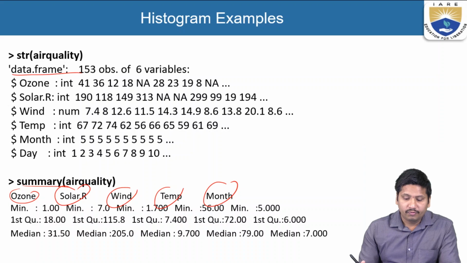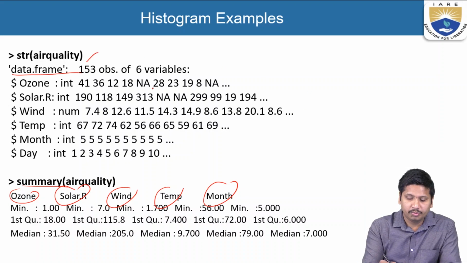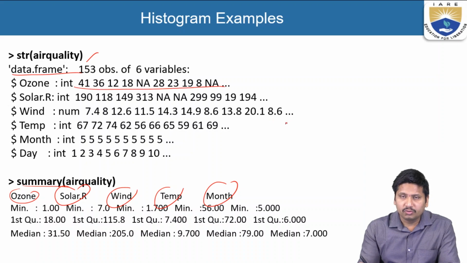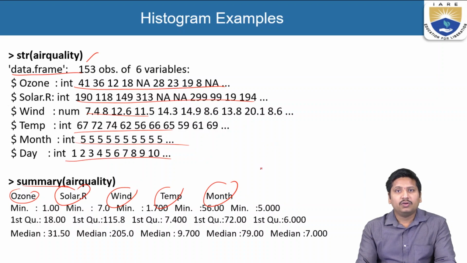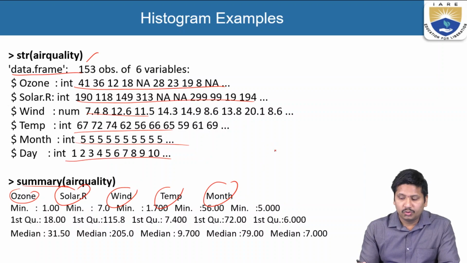Similarly, if I type str of airquality, it shows the values of each and every variable, and how solar, wind and temperature vary, and which month and which day it is. Like this I can know the variables and what kind of observations we have from the data set.